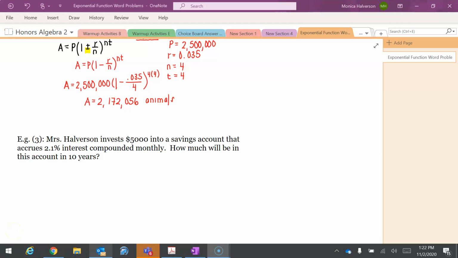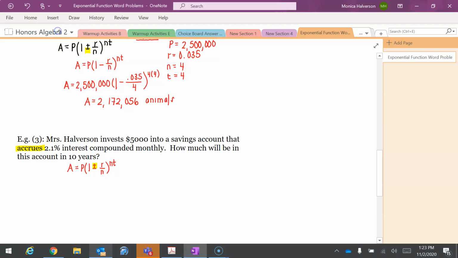Okay, so for this problem, you are going to use the first equation because it does not say compounded continuously. Now, because it says accrues, we know that we are going to use the addition.